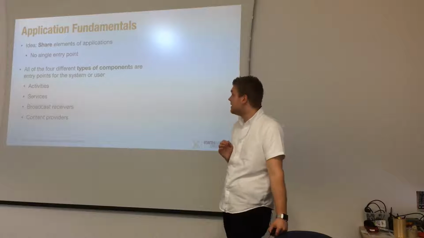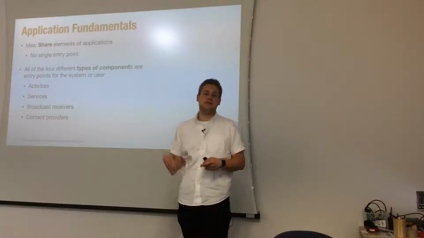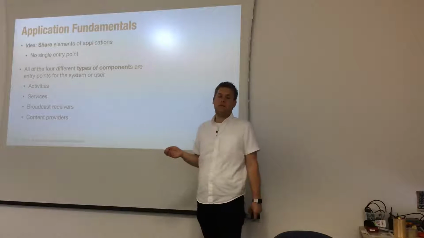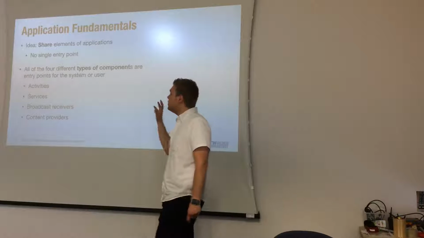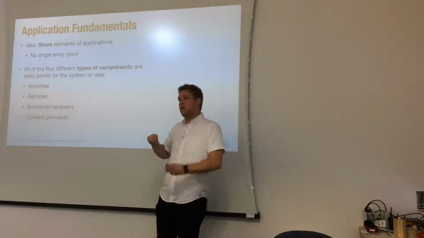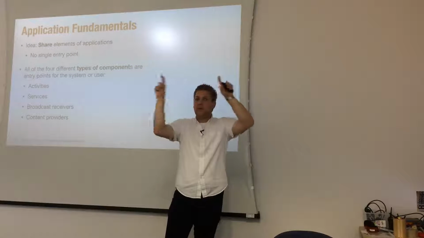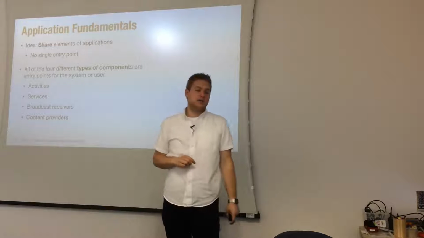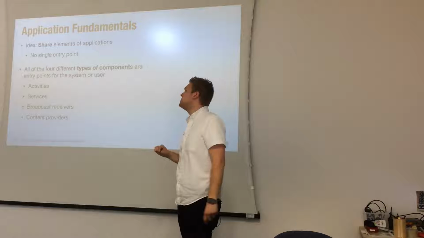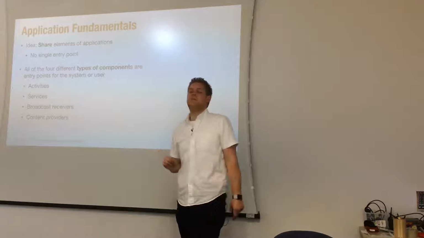So I said that the idea of Android is to share elements of applications. This also means there's actually not a single entry point. If you hear that and think about it, it makes sense that, say, the app bar, that thing that by default is a blue bar on top of your app under the status bar, is recreated for every single activity, because you don't know how you entered this activity.